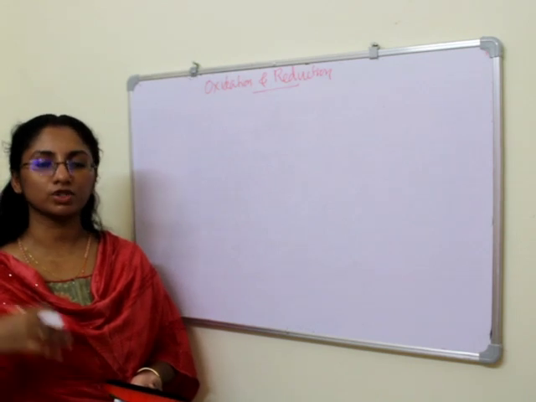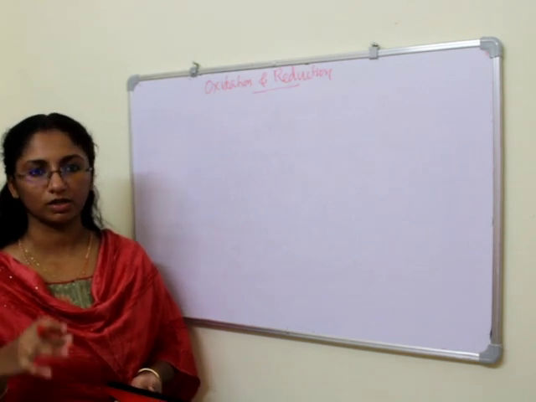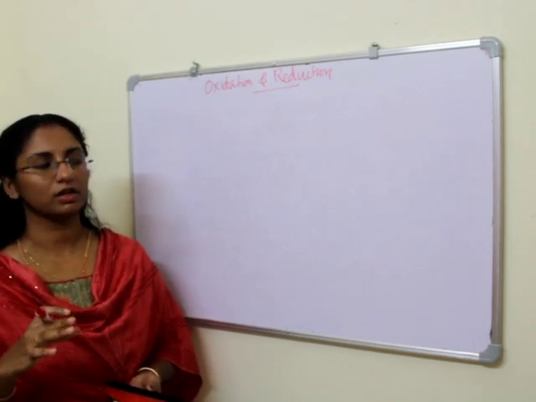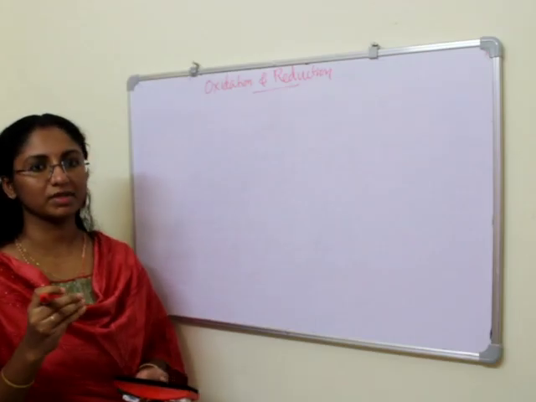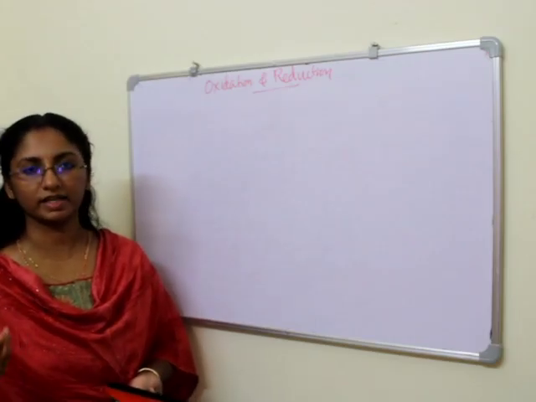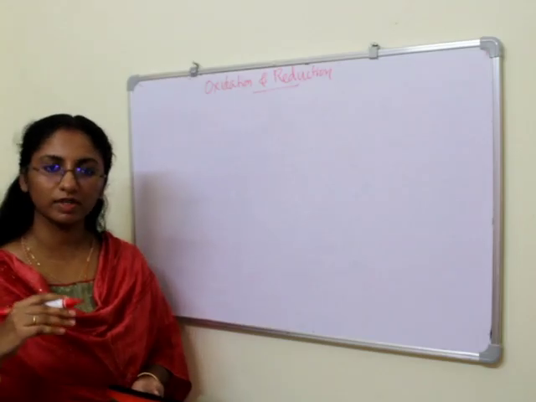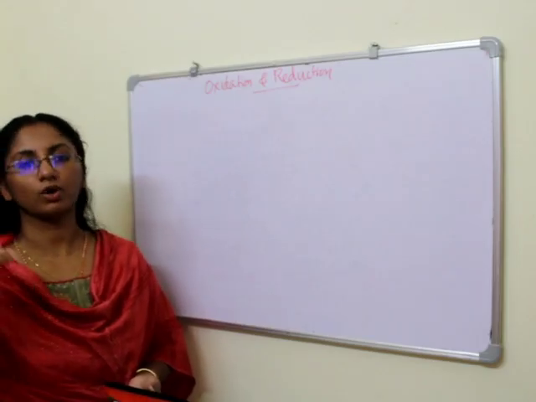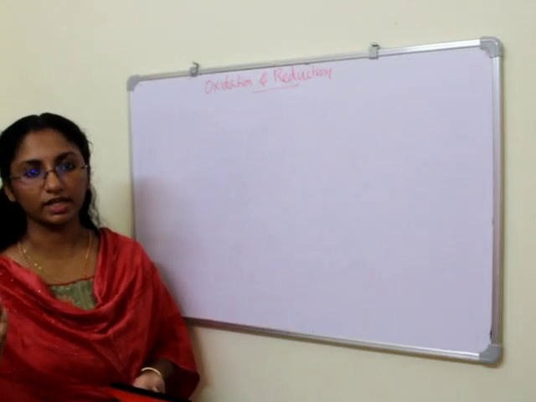And if there is loss of oxygen during a chemical reaction, or if oxygen is removed from a compound, then we can call it reduction. Gain of oxygen we call oxidation, and loss of oxygen we call reduction.